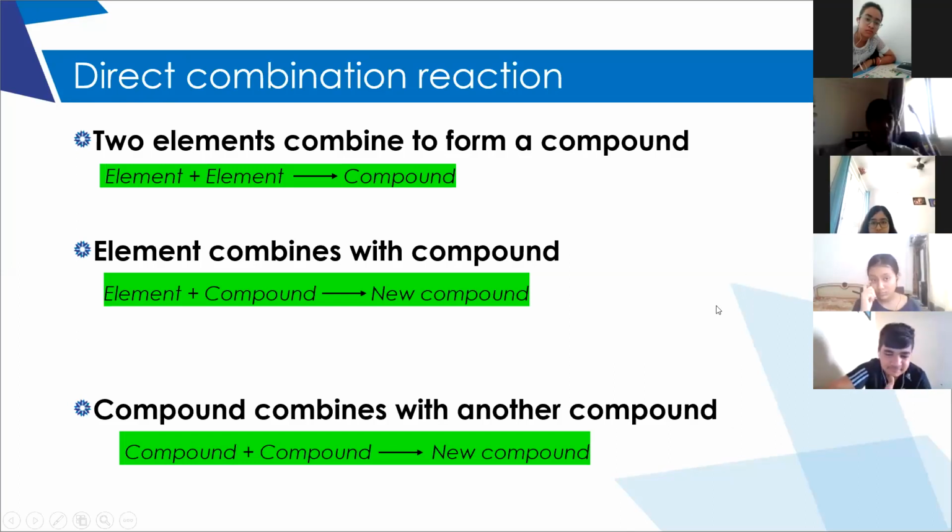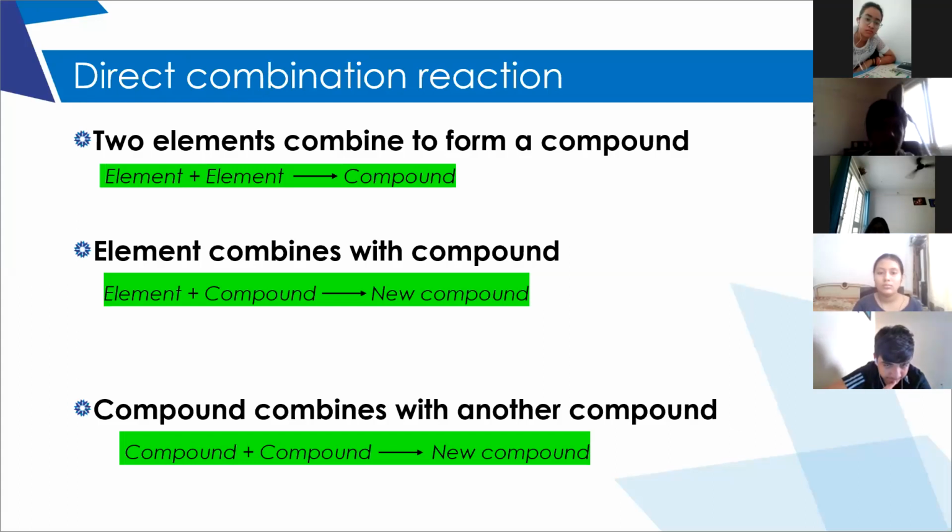So anyone, did you get any other examples? Water plus oxygen, what we will get? H2O2. Okay. But generally that reaction doesn't occur in normal conditions. Yes, that is also one of the reactions. Water reacts with oxygen to give hydrogen peroxide.